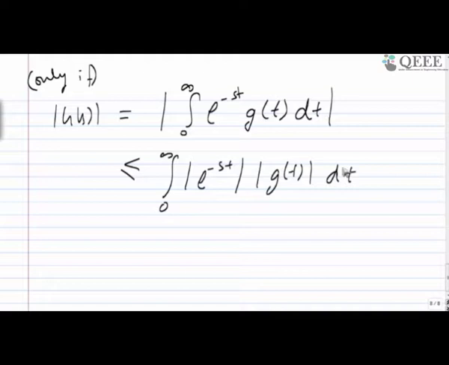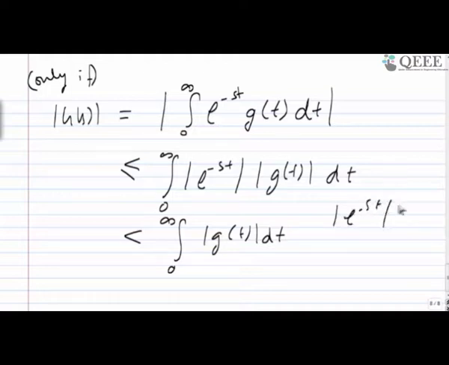Okay, and this would be less than the integral from 0 to infinity of mod g of t dt, since we know that e to the power minus st will always be less than or equal to 1 for real part of s greater than or equal to 0. This will hold if I have the real part of s greater than or equal to 0, right?